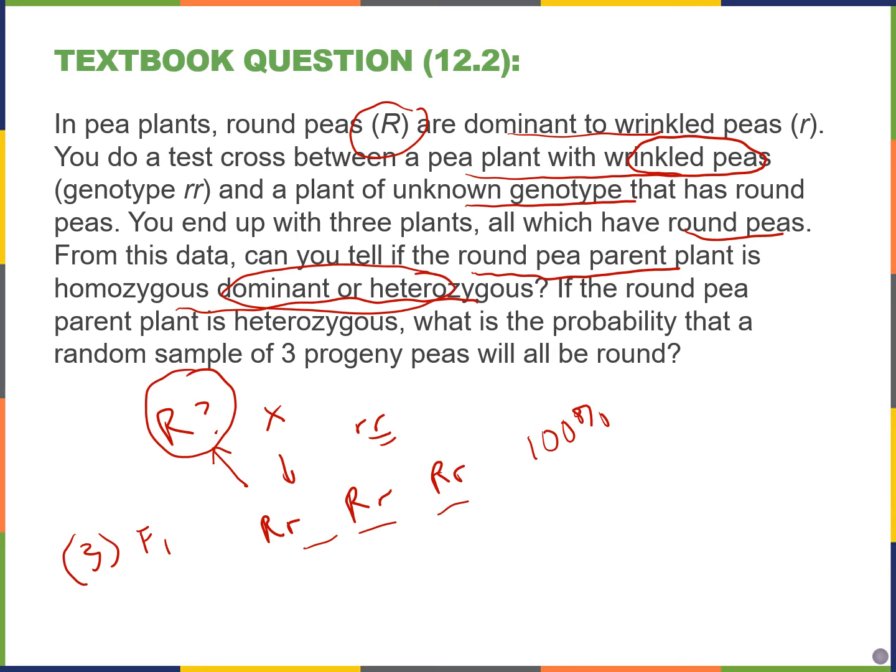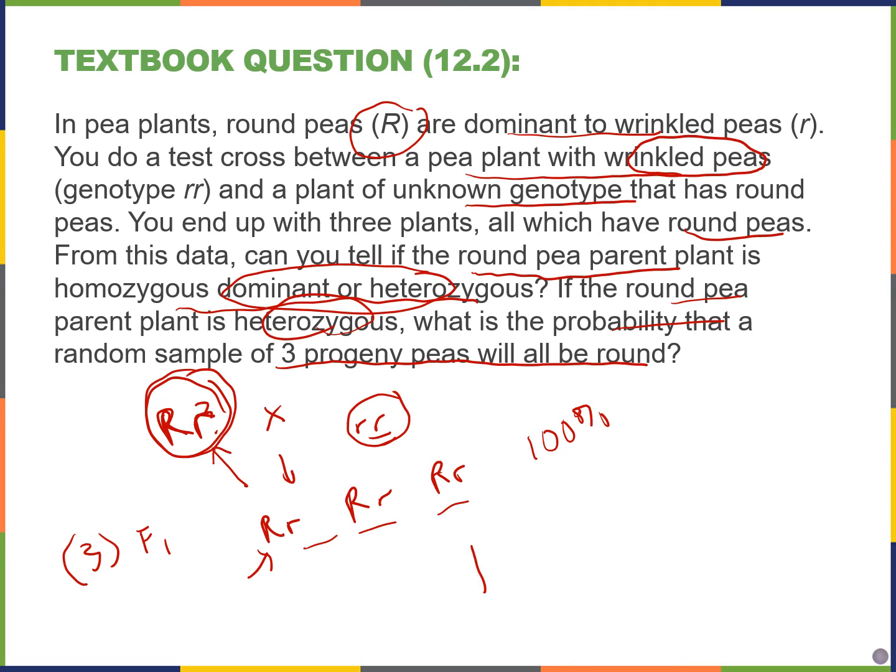If the round pea plant is heterozygous, big R, small r, what's the probability that a random sample of 3 progeny peas will all be round? Okay, let's see. If this was big R, and this is small r, what's the chance that I would get that?